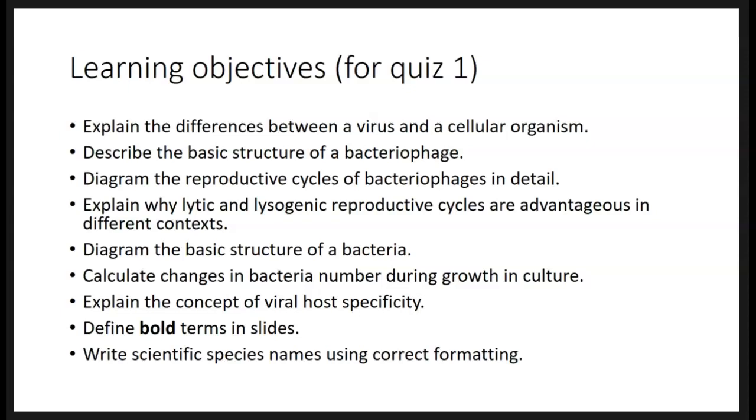Some things for this unit: you should be able to explain the differences between a virus and a cellular organism, describe the basic structure of a bacteriophage, diagram the reproductive cycles of bacteriophages in detail, explain why lytic and lysogenic reproductive cycles are advantageous in different contexts, diagram the basic structure of a bacteria, calculate changes in bacteria number during growth and culture, explain the concept of viral host specificity, define the bold terms in slides, and write scientific species names using correct formatting.